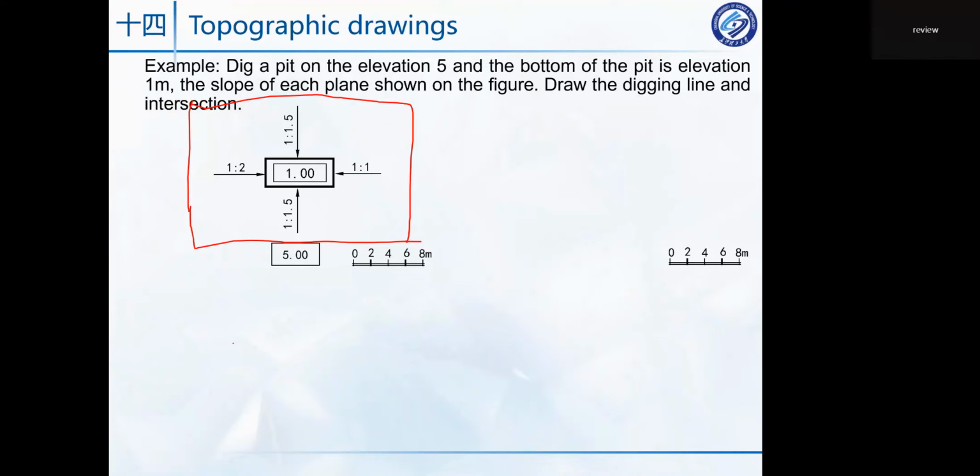So maybe it is a question in your final exam, because it is very typical and it's easy for me to change the elevation. So I will change the elevation of this question and it will be your question in your final exam.